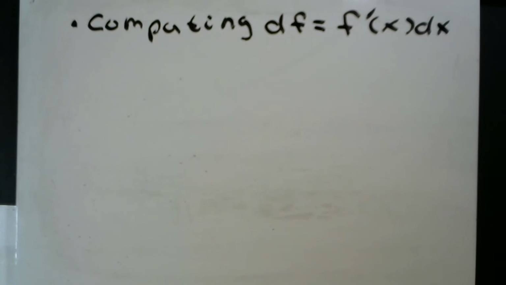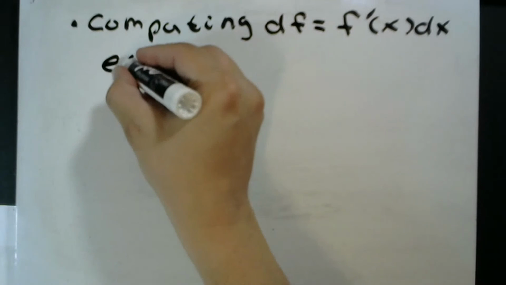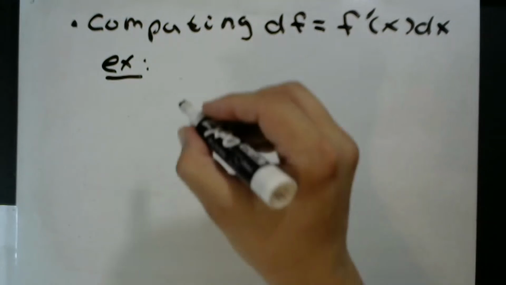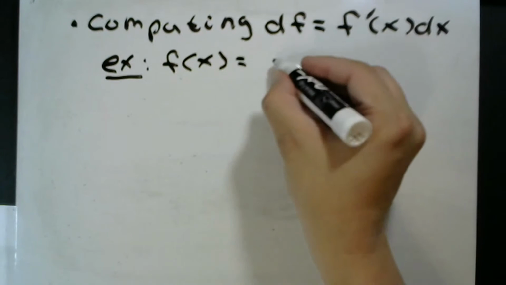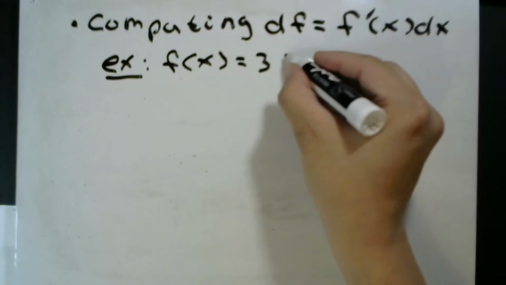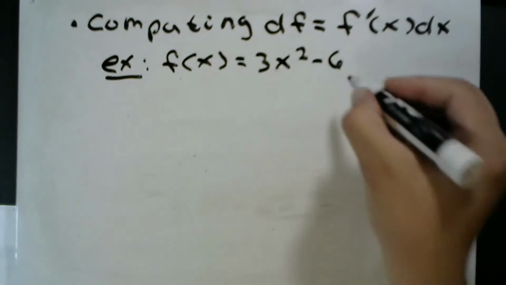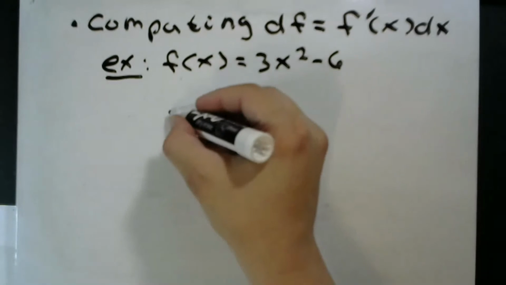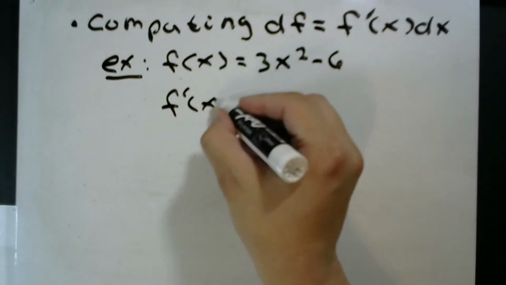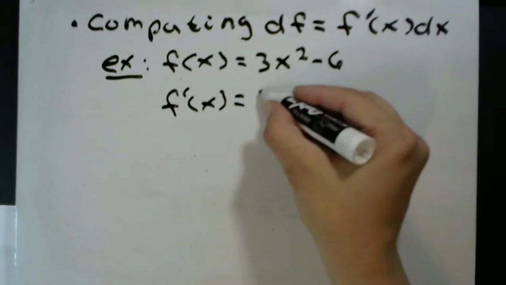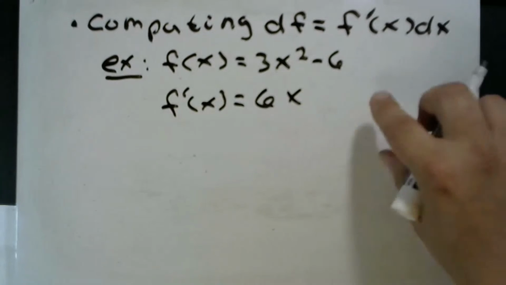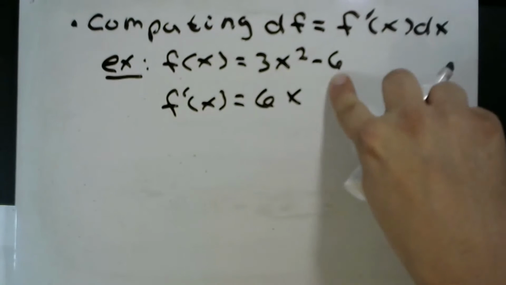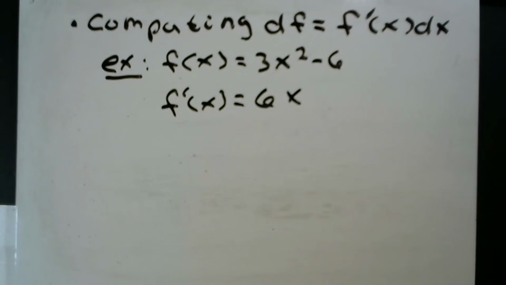So for example, if f of x equals 3x squared minus 6, then f prime of x will be 6x minus 0. So 6x, because the derivative of a constant is always going to be 0.